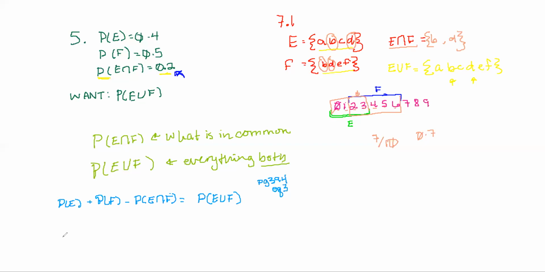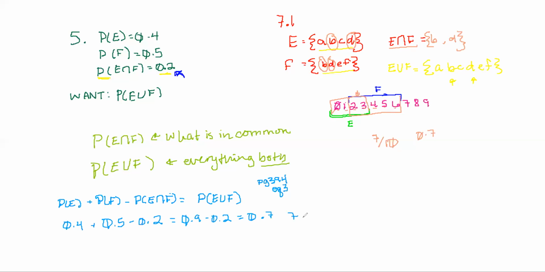Okay, that being said, we know the probability of E, which is 0.4, the probability of F, which is 0.5, and the probability of E intersecting F, or the probability that you pull something that is in both E and F, is 0.2. So 0.9 minus 0.2 is equal to 0.7.